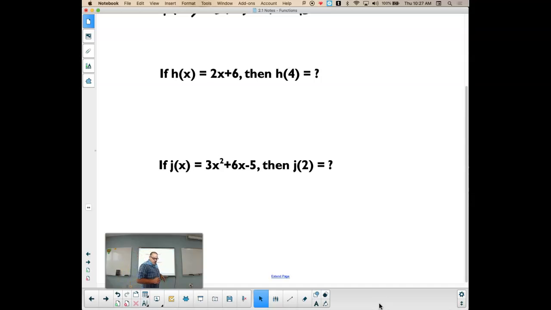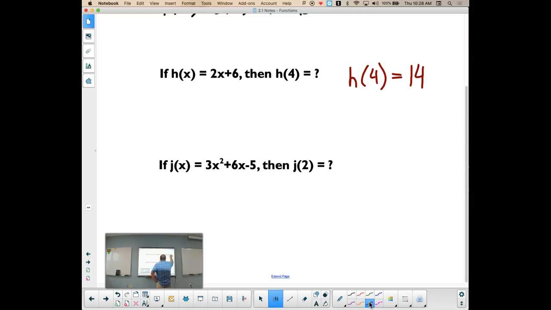All right, so on h of x equals 2x plus 6, you should have gotten h of 4 is 14. Yes? Thumbs up? Love it. Thumbs up on that one. Okay? 2 times 4 is 8 plus 6 is 14.